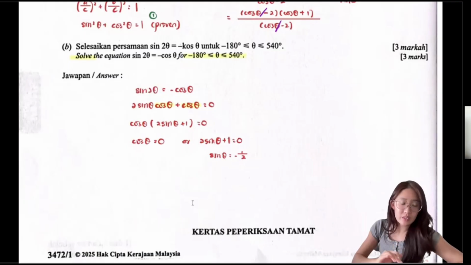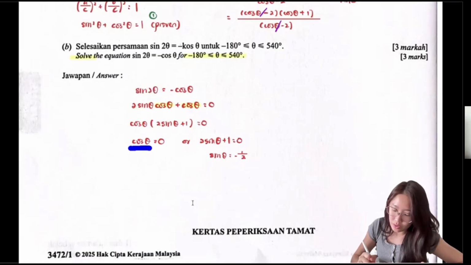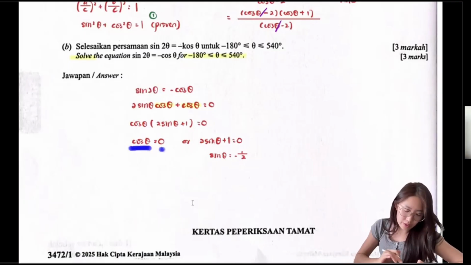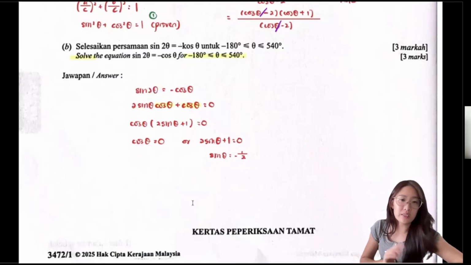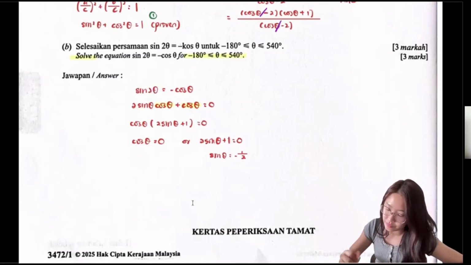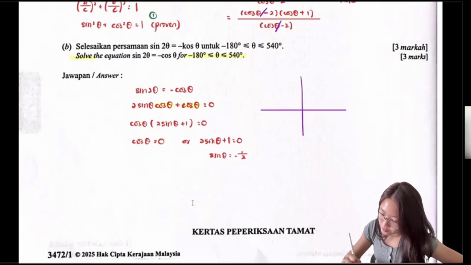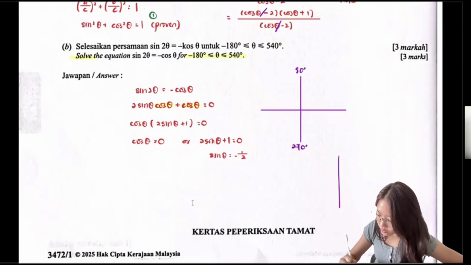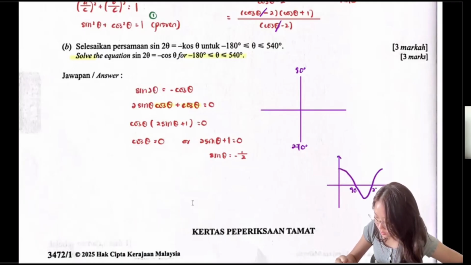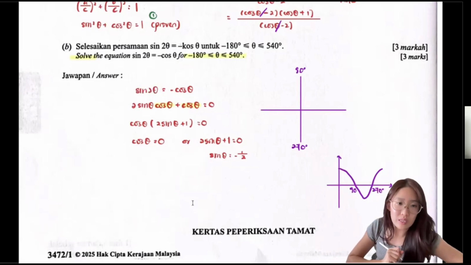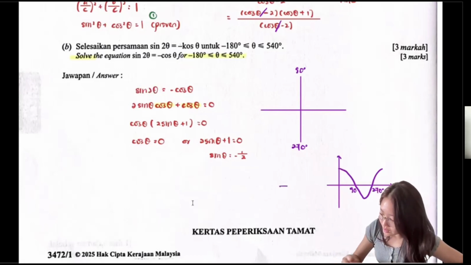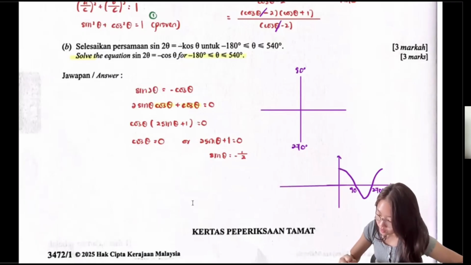Okay, now guys, cos, what angle equal to 0? Okay, shift cos 0 in your calculator, you get 90 degree, right? Okay, this is 90, this is 270. Don't forget your cos graph. Your cos graph is a shape like this. So 0 at 90 and it is also 0 at 270. And because this involves negative angle as well, so come down, go up.